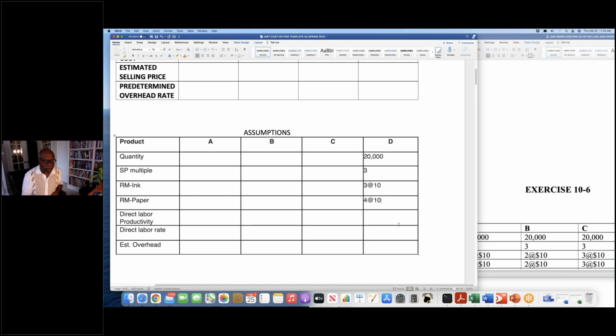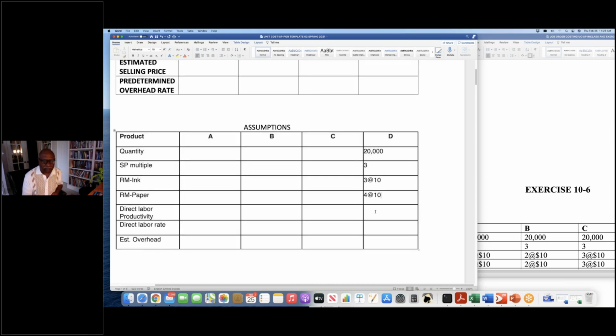What's the direct labor productivity? $12. Now, I got the rate down here. So if your rate's 12, I'll put it. But this says productivity.